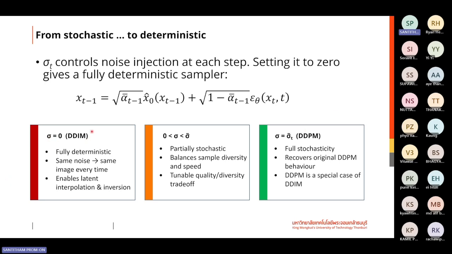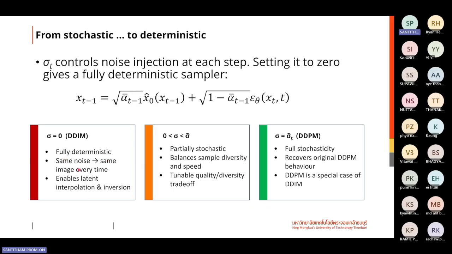And DDIM here will set sigma to 0. Once sigma is set to 0, you have the above equation, and the above equation doesn't contain the stochastic elements. It makes the inferencing fully deterministic. That means you get the same image every time.